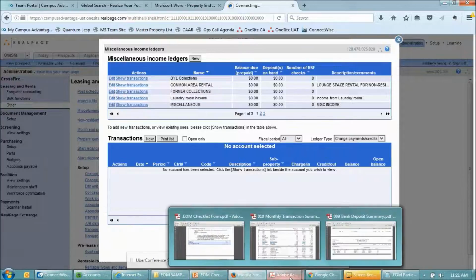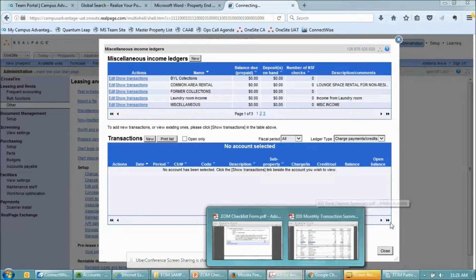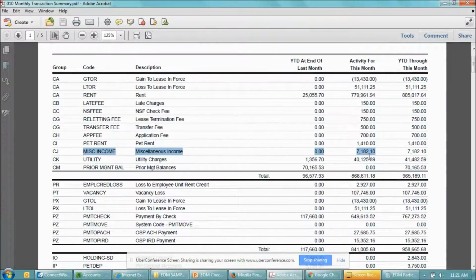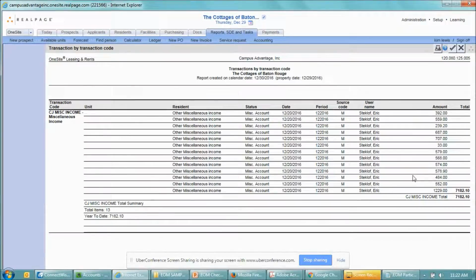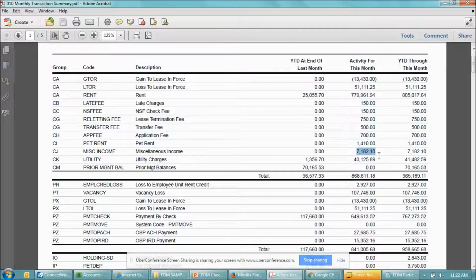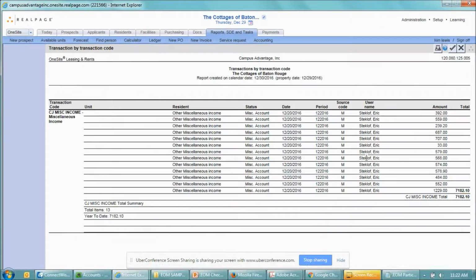And the miscellaneous income transaction code is what created the $7,000. The irony in this situation is that all of these make up the $7,100 and 10 cents. Normally this would have a resident name here, but it's the miscellaneous income utility.